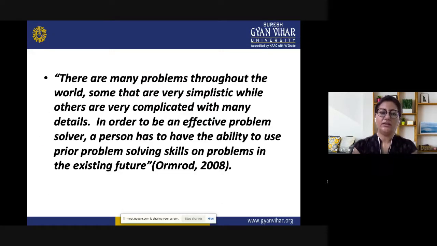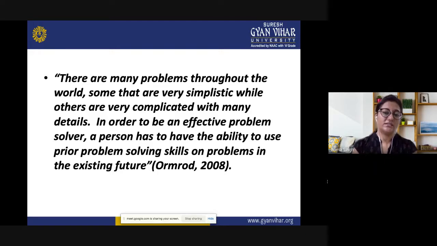So in the end, according to Ormrod in 2008, to sum up, there are many problems throughout the world. Some are very simplistic, while others are very complicated with many details. So in order to be an effective problem solver, a person has to have the ability to use prior problem solving skills on problems in the future.